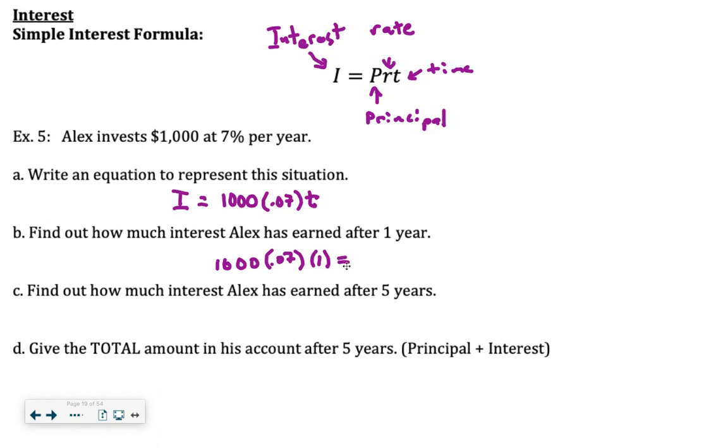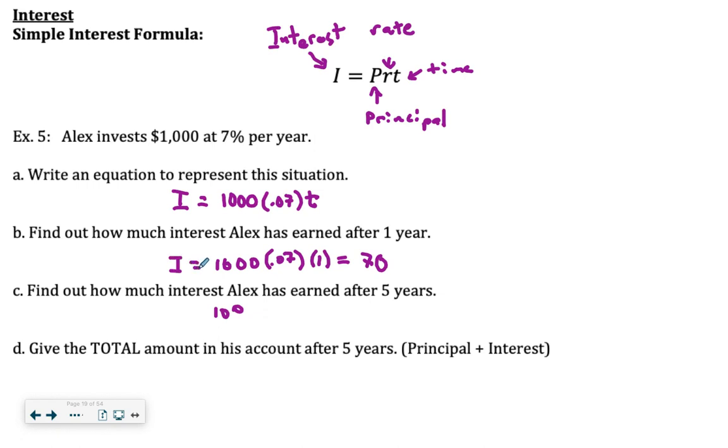Okay, so we could plug that into a calculator, but probably don't need a calculator for that. That's going to get me 70. 1,000 times 0.07 times 1. Do the same thing for 5. I guess we should emphasize that this is the amount of interest.